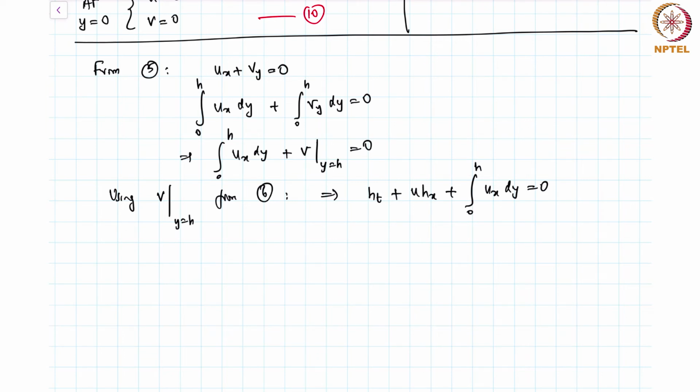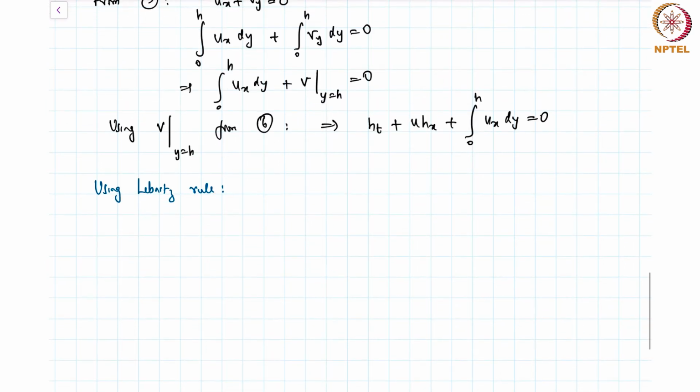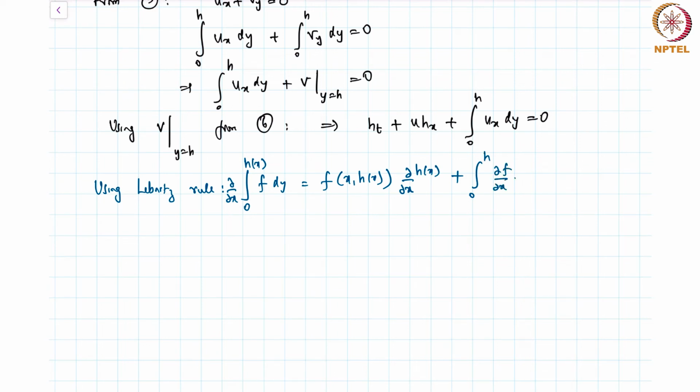Now we can use Leibniz's rule. For those who may not be very familiar with the Leibniz rule, it says if you have a quantity like this, integral 0 to, let's say, h of x of some f dy, its derivative becomes the function at that location, f of h comma x, times the derivative of the limit, that is h of x, plus integral from 0 to h of del f by del x dy.